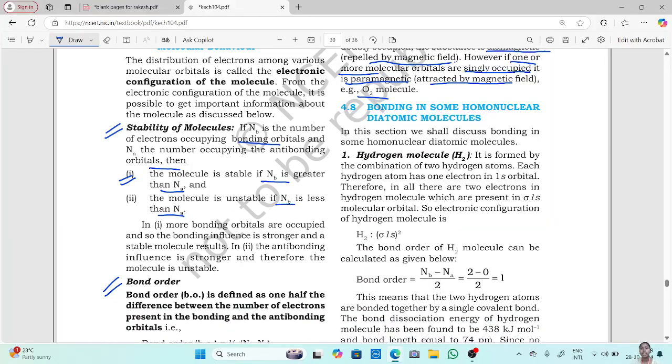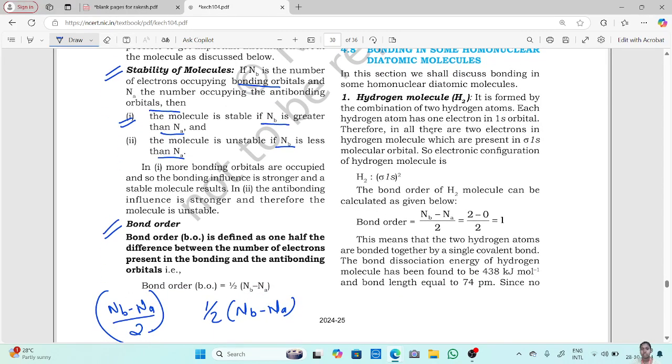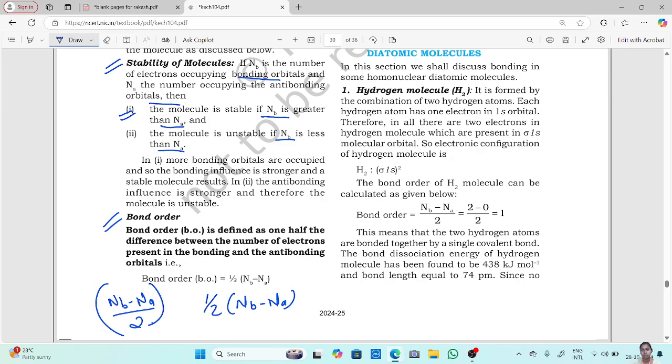Now, bonding in some of the homonuclear diatomic molecules. First one is the hydrogen molecule. It is formed by the combination of two hydrogen atoms, as you know. In each hydrogen atom, one electron from the 1s orbital is taken, so one electron will be donated by each hydrogen atom.